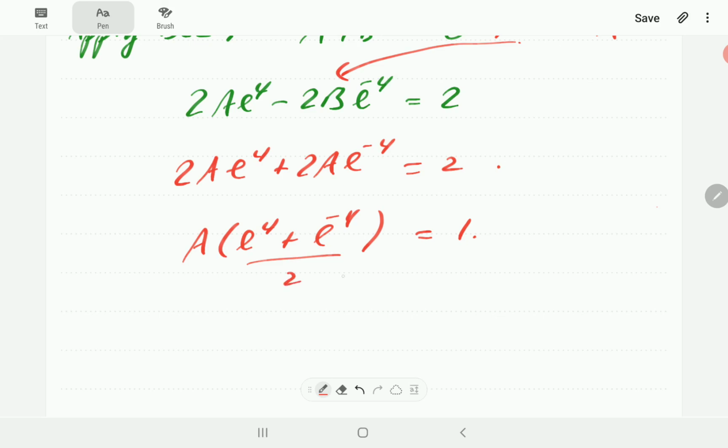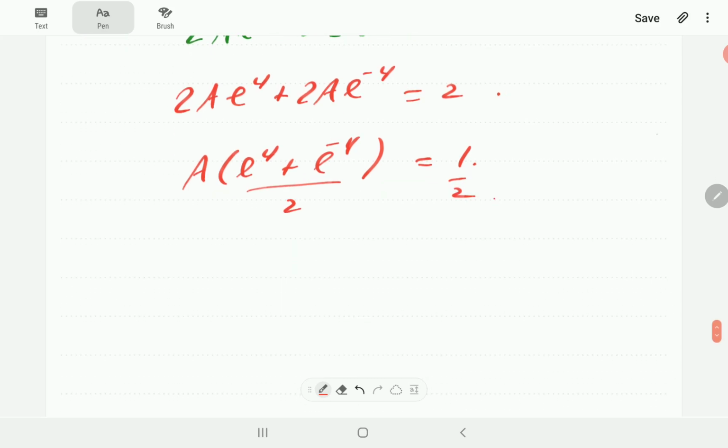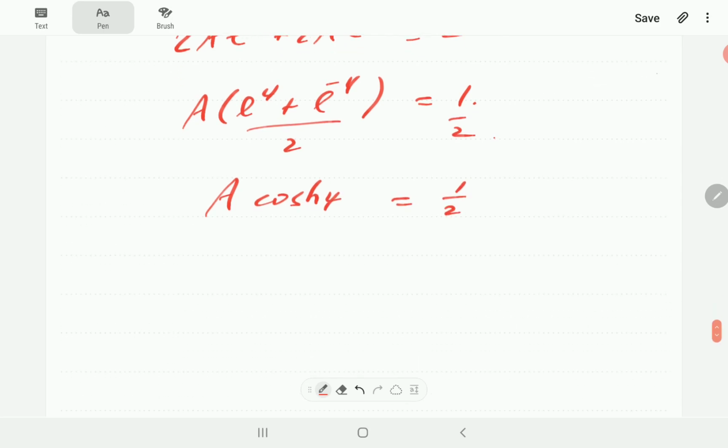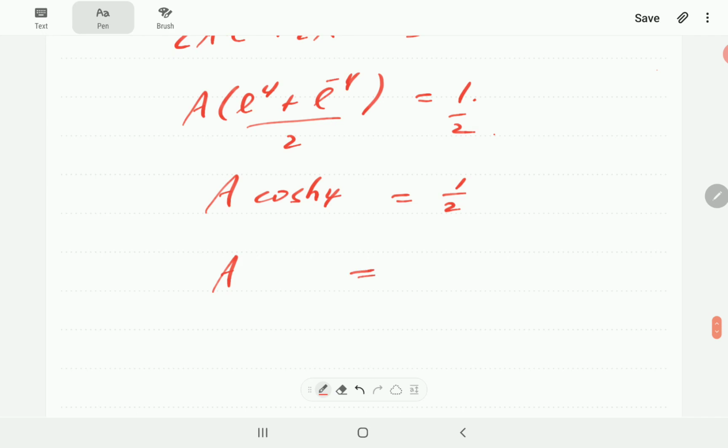If we divide this by 2, then this is just hyperbolic cosine of 4. Means A is going to be 1 all over 2 hyperbolic cosine of 4.